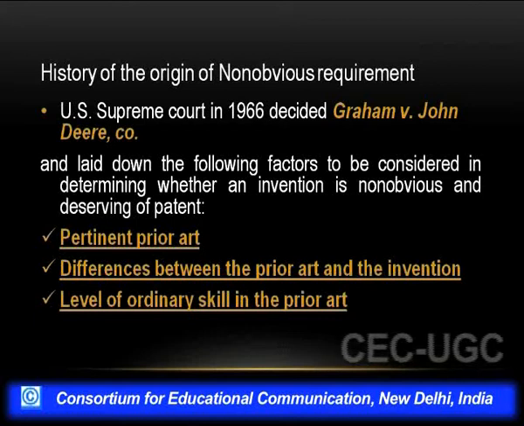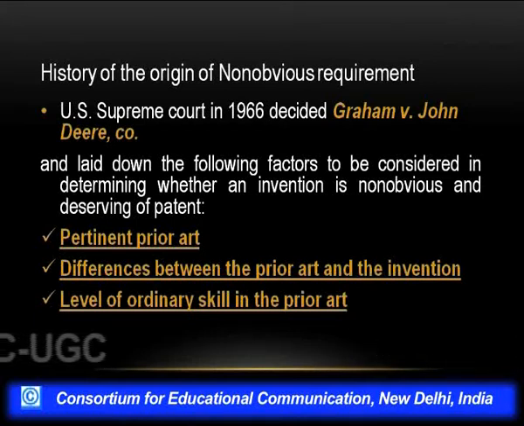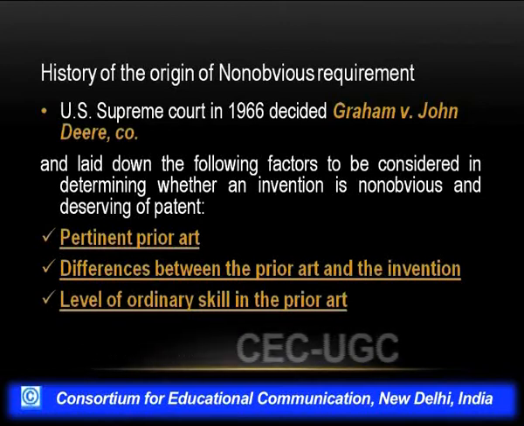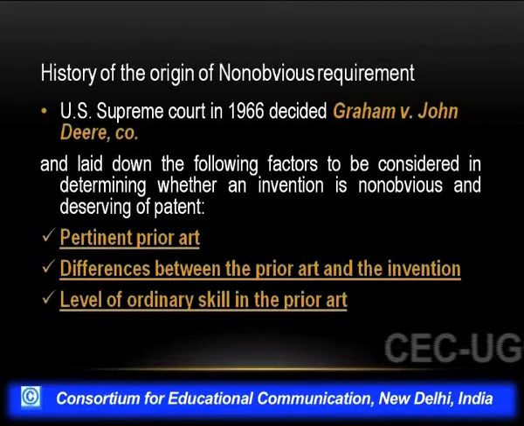If yes, then it is not non-obvious; it gets negated by the test of non-obviousness, and no patent can be granted because it lacks non-obviousness. It may qualify on the ground of novelty, but non-obviousness will strike it down.